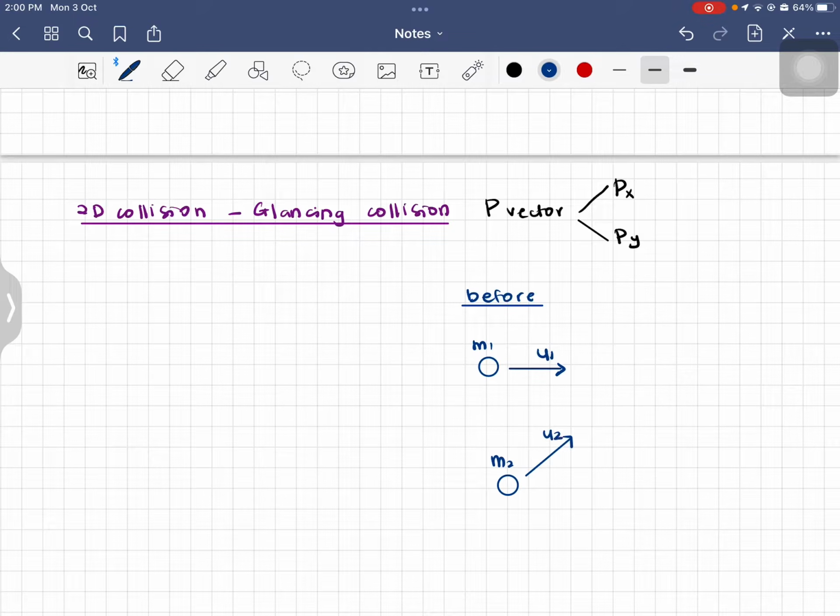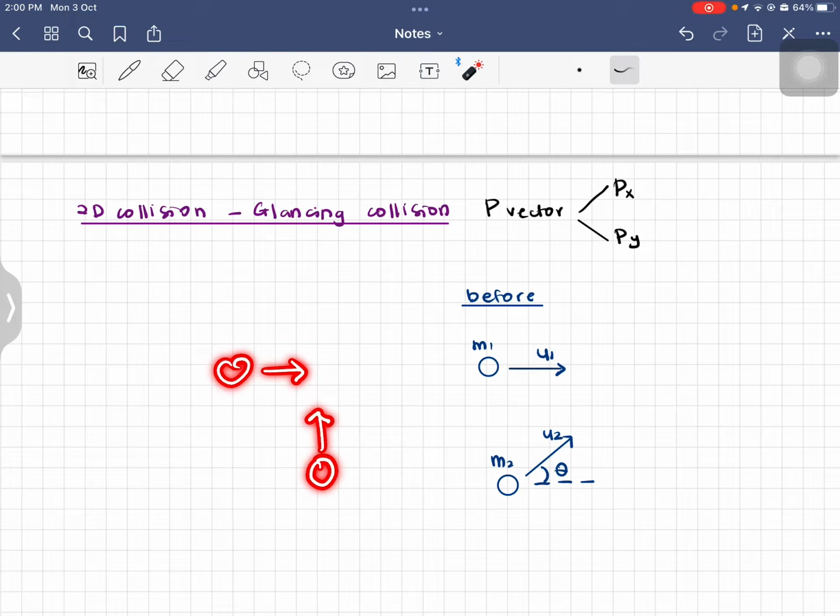U2 is here. Dia ada angle with the theta. So you see that the collision, one of them cannot be resolved, the others can be resolved. So dia adalah 2D collision. Or if you have something like this is X component, this is Y component. Walaupun dia tak boleh resolve dua-dua, tapi dia berada di paksi yang berbeza.